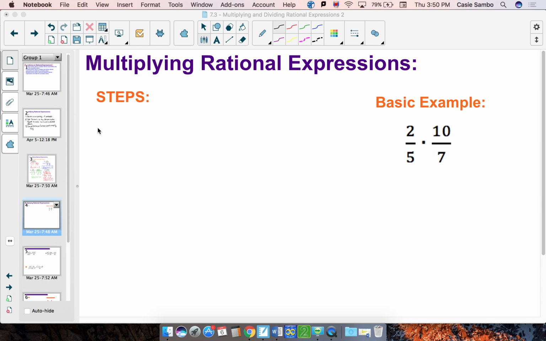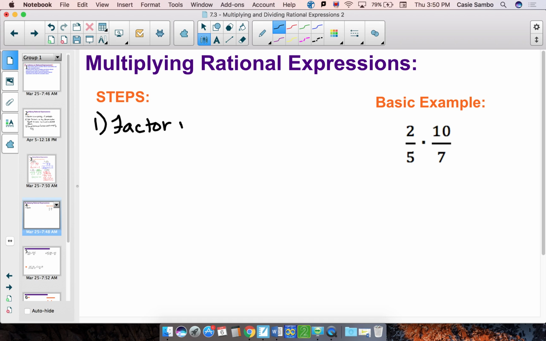Those steps are first to factor, if possible.